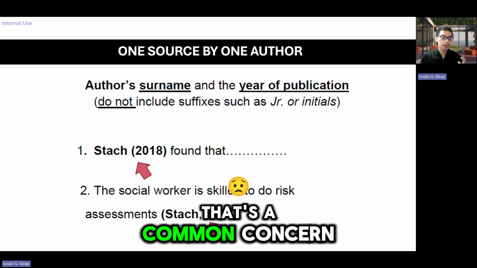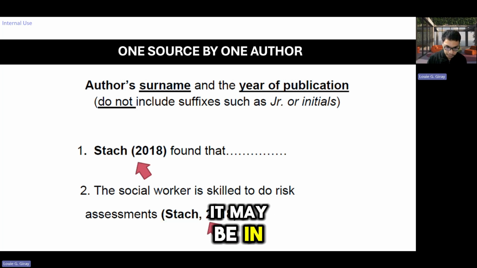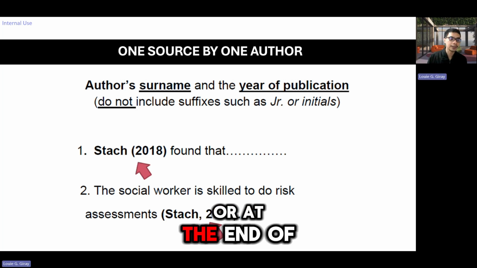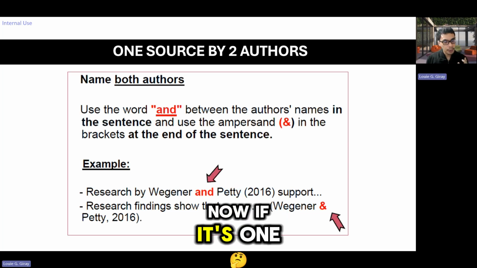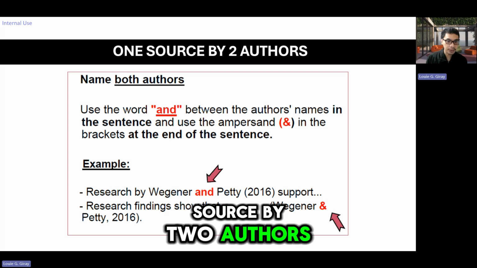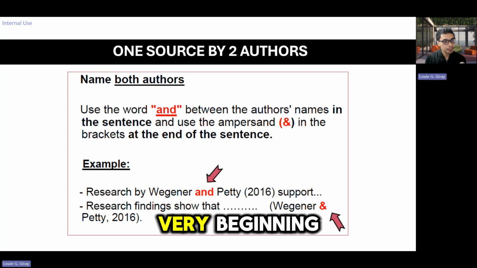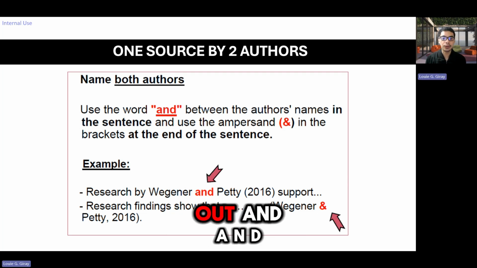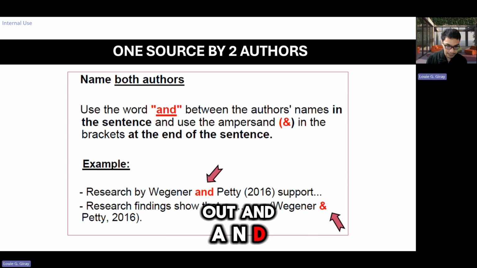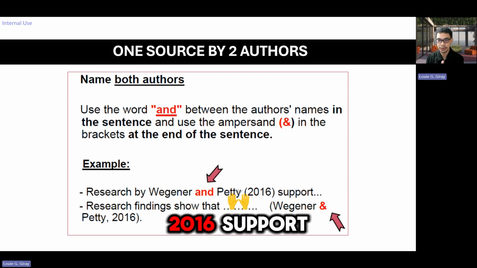That's a common concern of professors. It may be in the beginning or at the end of the sentence. Now, if it's one source by two authors, if it's in the very beginning, you use the spelled out "and," A-N-D, such as Wegener and Petty (2016) support.